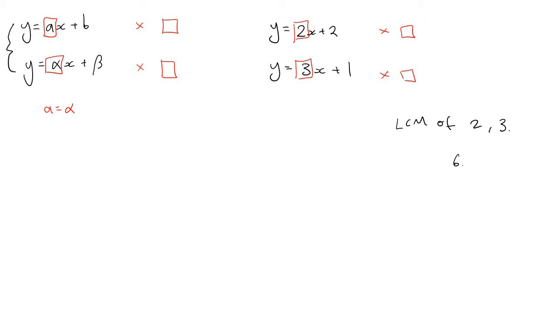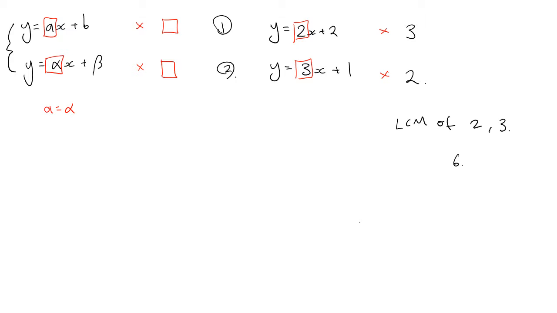So how do we go from 2 to 6? We times 3. So we times the first equation by 3. For the second one, how do we go from 3 to 6? We times 2. Let's call this equation 1 and equation 2.